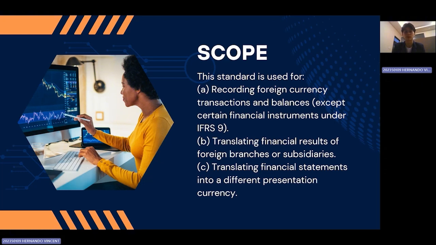This is referred to as the presentation currency, and it can be any currency selected by the entity, often one that is more convenient or relevant to international investors. By providing a consistent framework for all of these scenarios, IAS 21 ensures that foreign currency effects are treated in a uniform way, reducing the risk of misinterpretation or manipulation in global financial reporting.